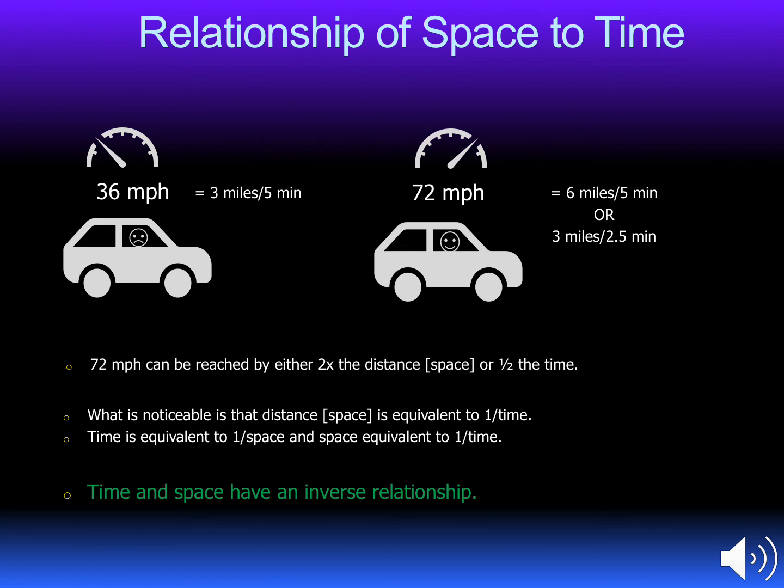So time is equivalent to 1 over space, and space is equivalent to 1 over time. So we can say that time and space have an inverse relationship. And you can see that motion is the phenomenon that links space and time together in this inverse relationship.